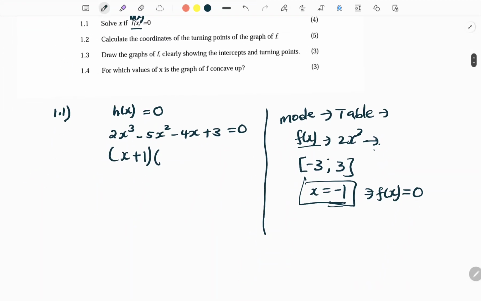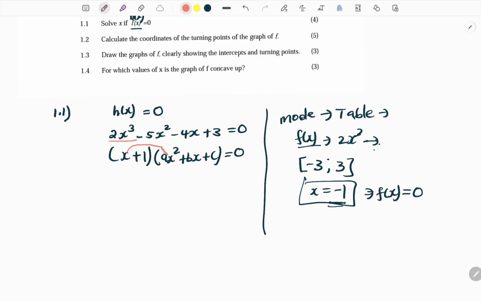Then in my other bracket, I'm going to have ax squared plus bx plus c. You can use synthetic division to find the other factors. It depends on you. I'm going to use the method whereby I multiply the first term by the first term to get the first term.